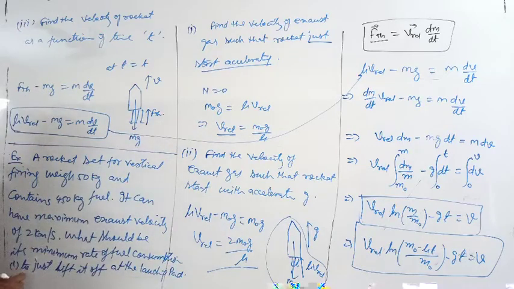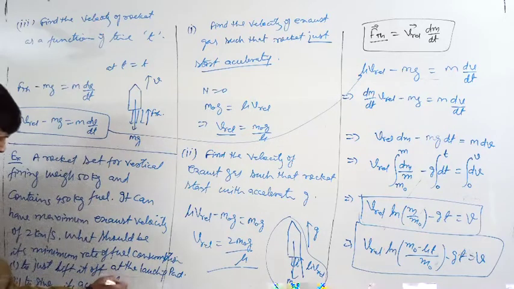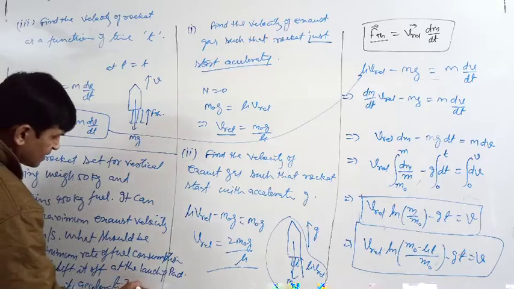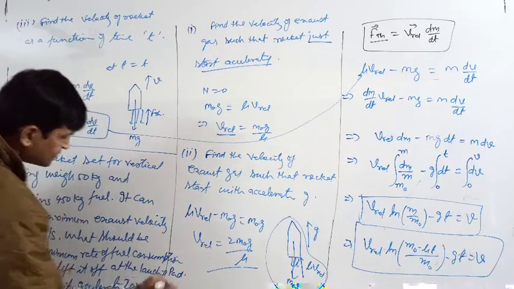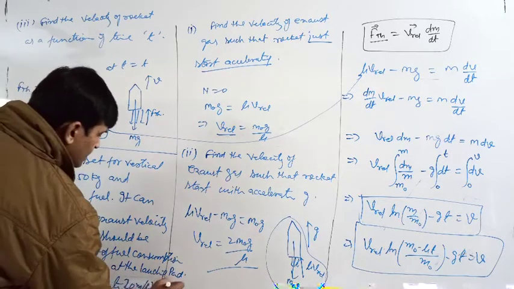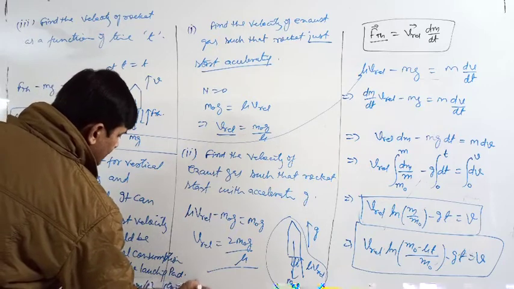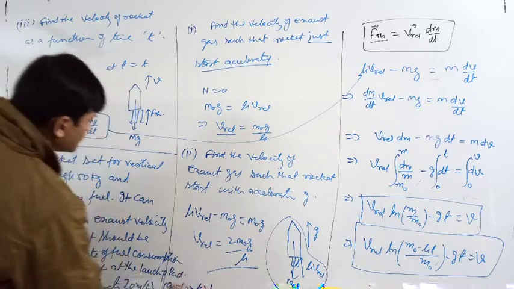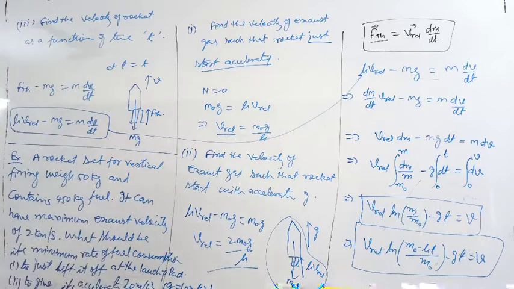And second, to give it an acceleration of 20 meters per second square. Okay, and assume g is equal to 10 meters per second square. This is the question.